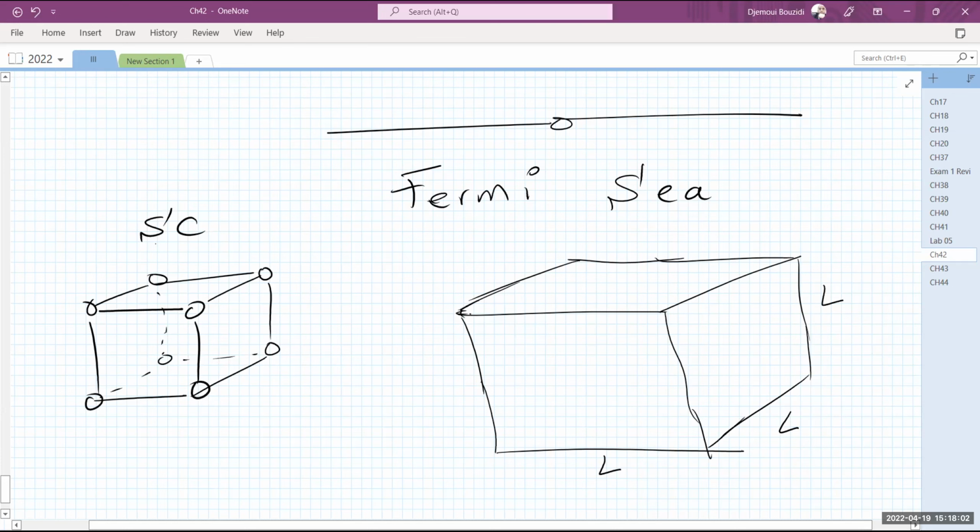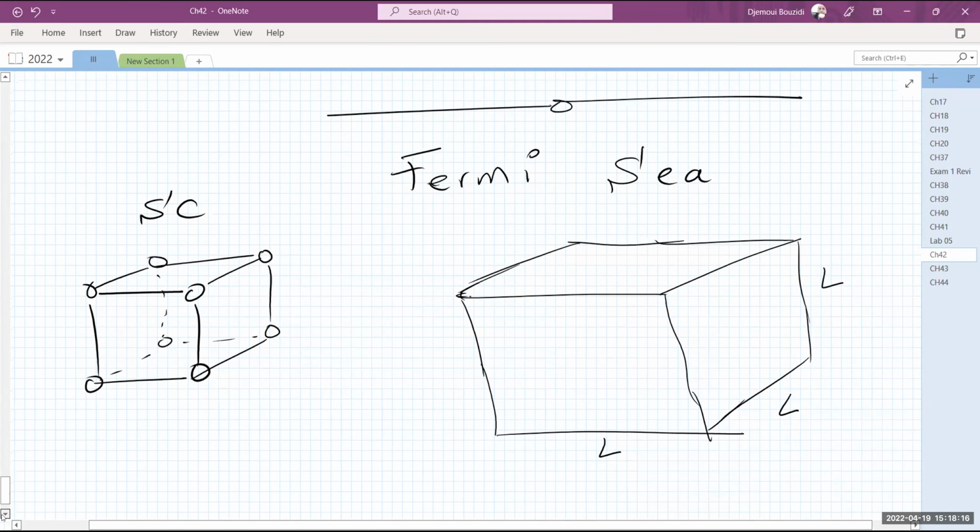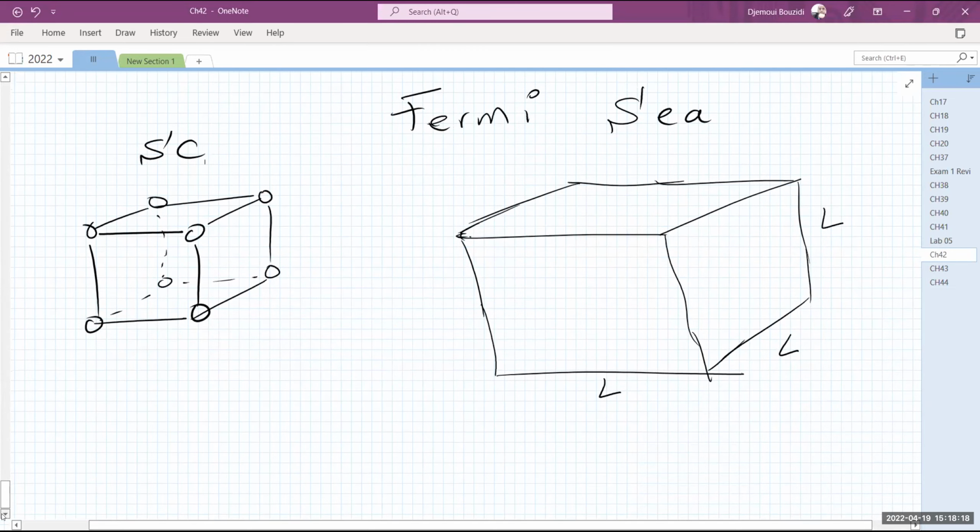That's one possible one. Another one, especially if I have different materials, I could have inside the center of it another atom. So that is called a body-centered cubic crystal.